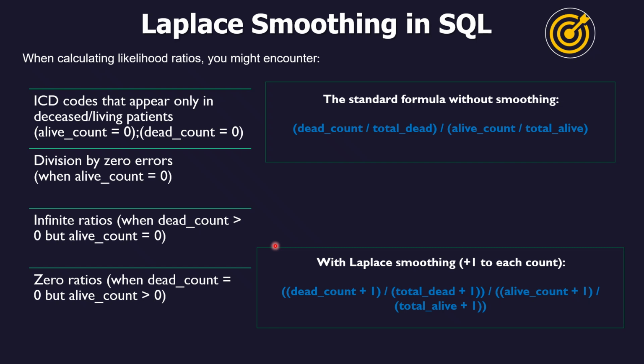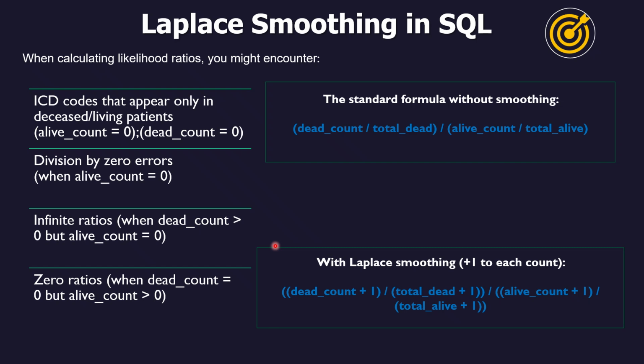Sometimes when you're doing likelihood ratios, you might encounter data sets with deceased or living patient counts which are 0, or a dead count which is 0. If you do divisions on them, you might have errors, or you might also have issues with infinite ratios when the dead count is greater than 0, but the alive count is 0.